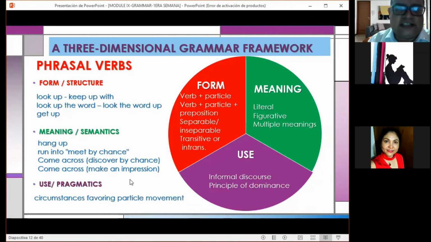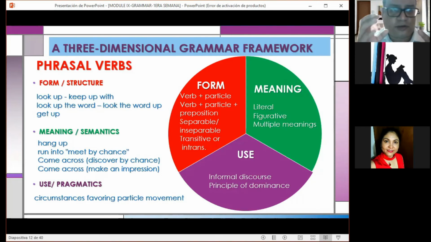The use, pragmatics, circumstances favoring particle movement. So as I told you, the particle, if it is together or separated, this is the principle of dominance. Remember, when we use object pronouns, when the verb is separable, we can separate it with a noun or with an object pronoun, but we use just the object pronoun to split up this phrasal verb.